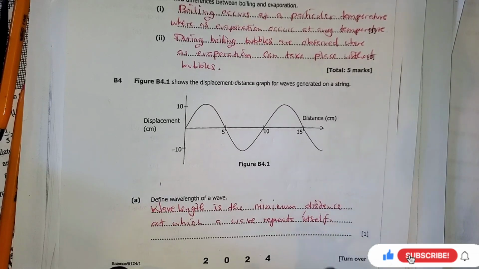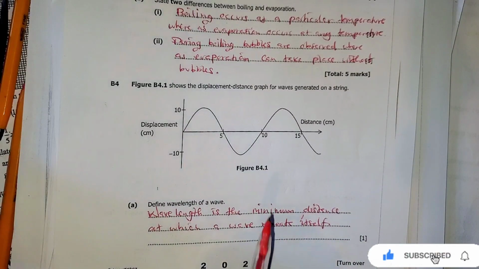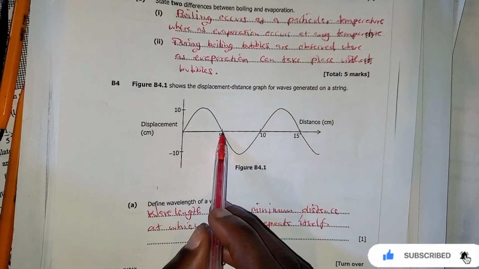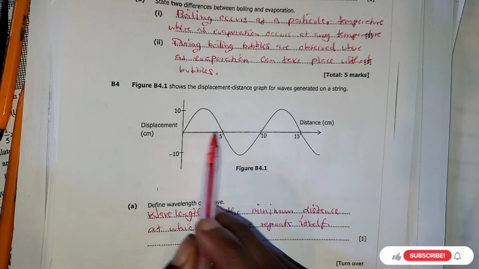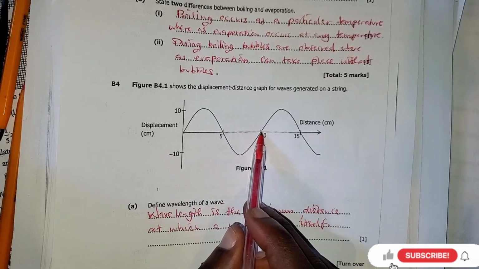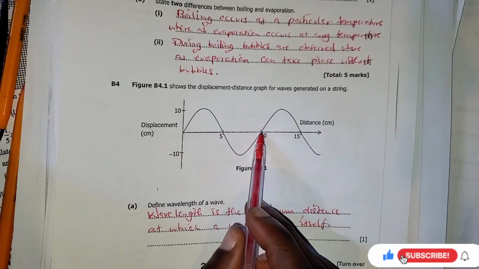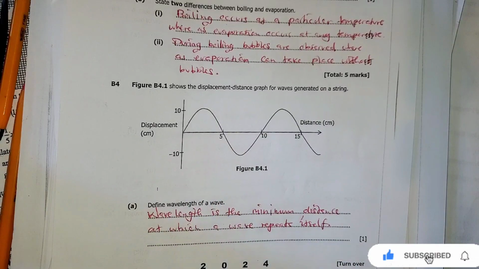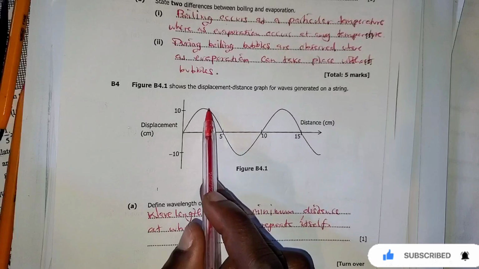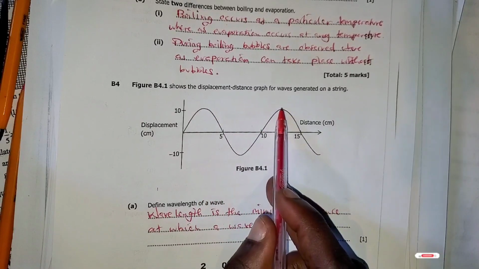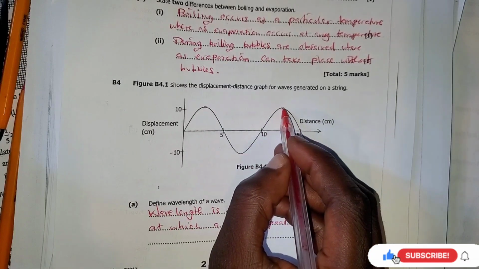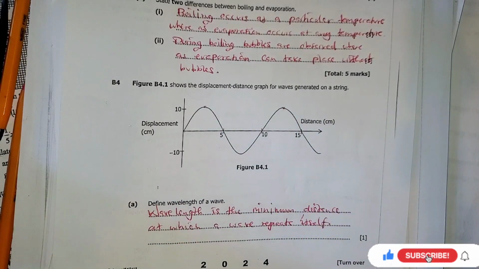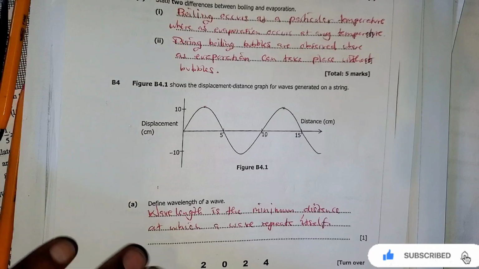Look at this. So this is half. This is where the wave is repeating itself. So this is the wavelength from here up to here. This is 1 wavelength. From the crest up to the other crest, that is the wavelength.